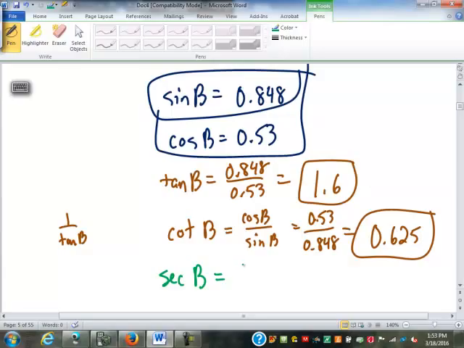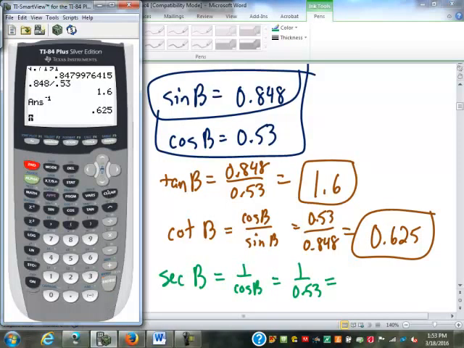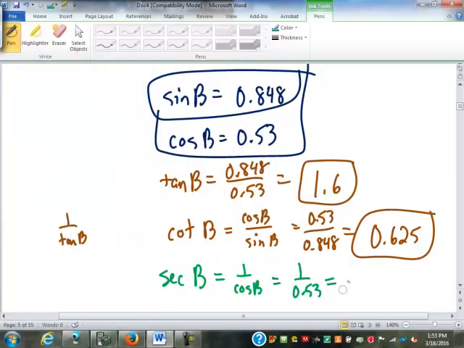Secant of B is the reciprocal of the cosine, 1 divided by the cosine, so it's 1 over 0.53. So 1.887.